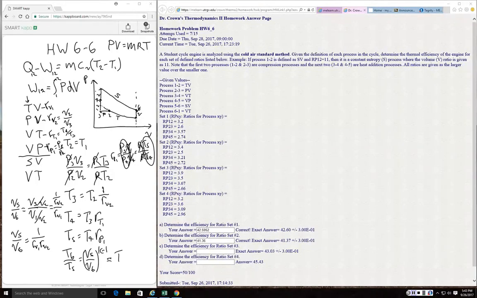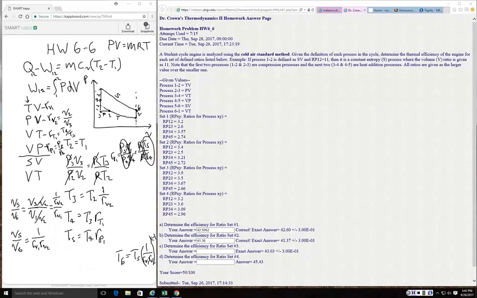So now I can write this as T6 equals, sorry, let's write this way, T6 equals T5 times 1 over RV1 RV2 to the K minus 1. Let me just write that not so close to the edge.